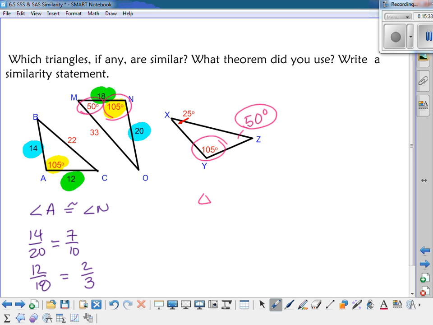So it turns out triangle MNO is similar to triangle ZYX by angle similarity. I wasn't able to use side, side, side or side, angle, side on this one. I had to go back to angle, angle.